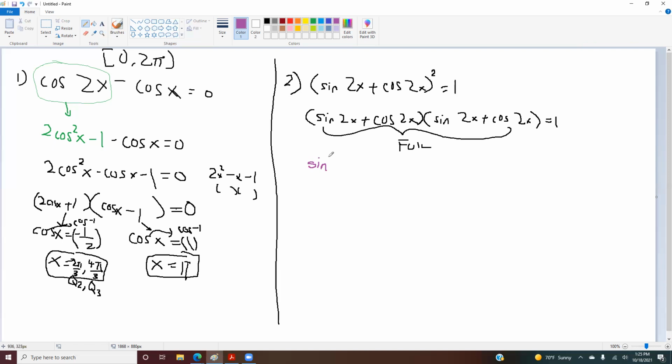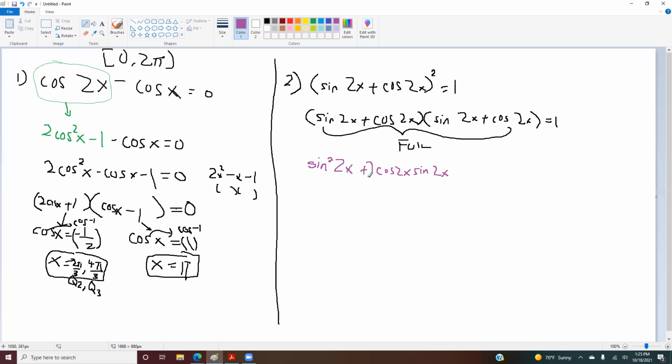You get sine squared 2x plus cosine 2x sine 2x. And then you get the same thing too.